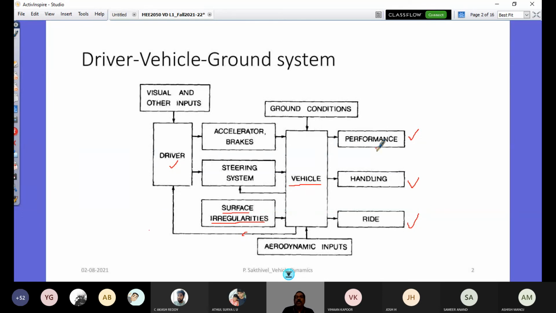Then suddenly you have to brake, or you go uphill on the road and suddenly it comes down. You do not know what is ahead, and suddenly you see something there. At that time you have to go for emergency braking. So how good your vehicle is in braking, whether it is able to stop quickly without any problem, maintaining its equilibrium from its motion to stop, all refer to performance.